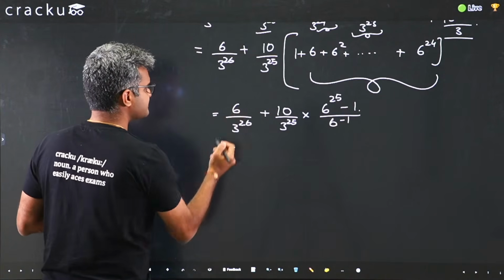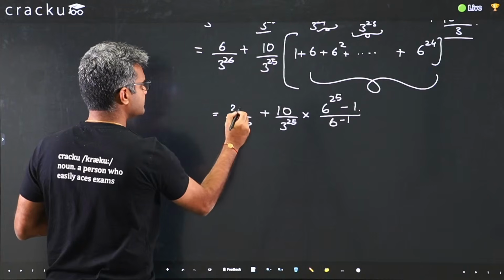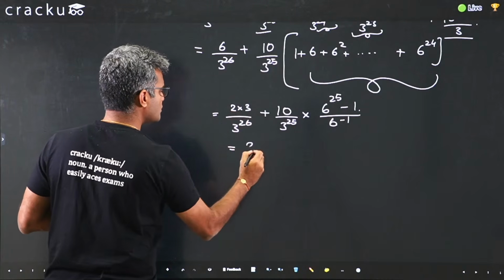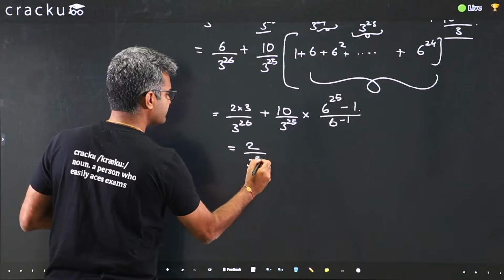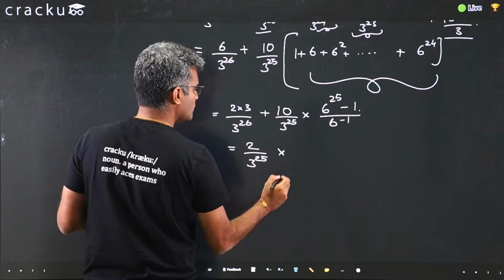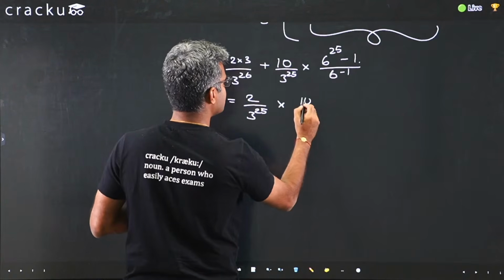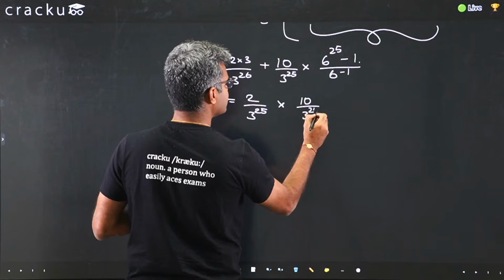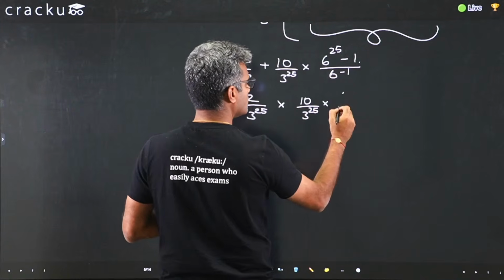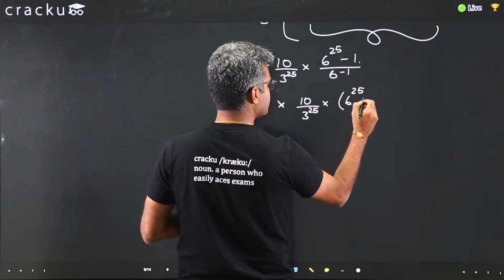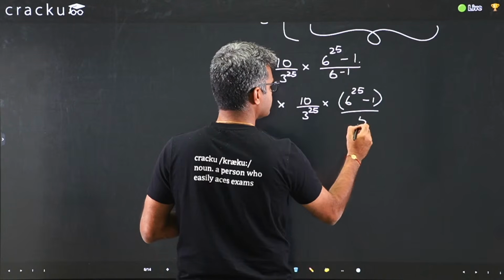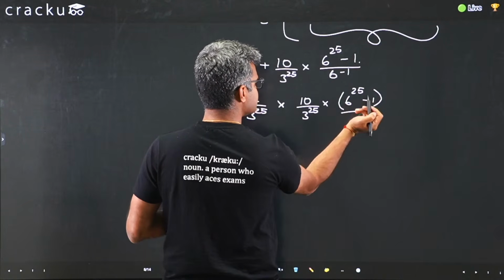Here 6 you can write as 2 into 3. So this is 2 divided by 3 to the power 25 plus 10 divided by 3 to the power 25 into 6 to the power 25 minus 1 divided by 5. This is basically 2.